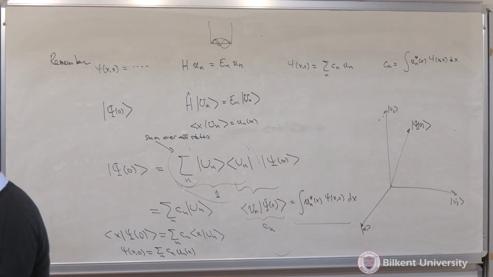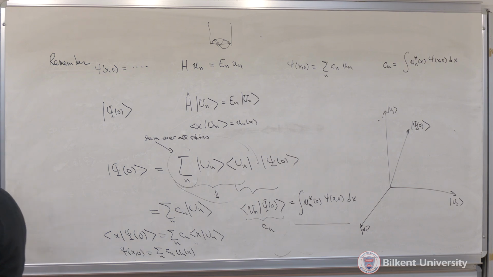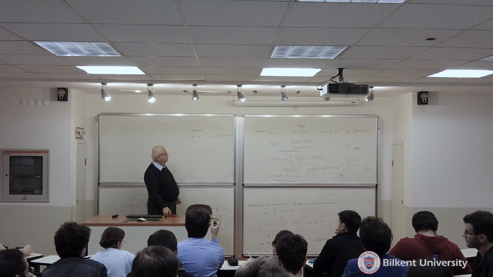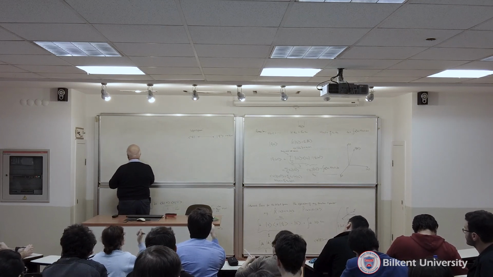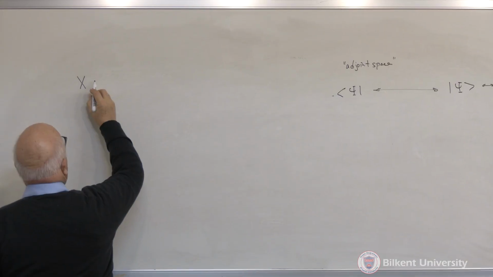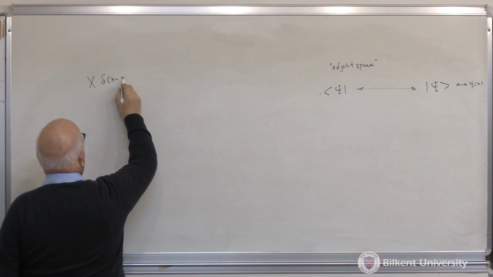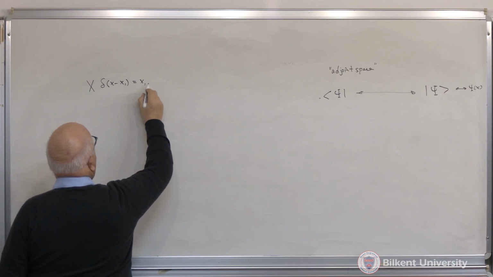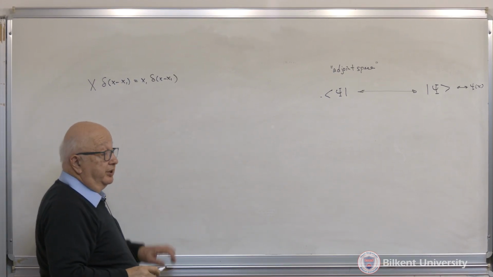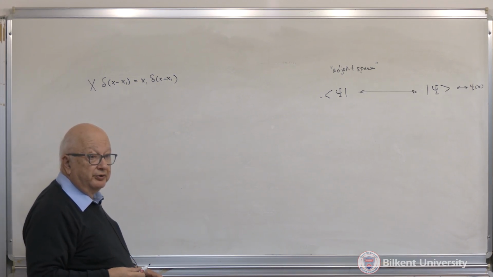Okay, so what else? Yes, what you're saying is that if I look at the eigenfunctions of x, they have the form: x times delta(x minus x1) is equal to x1 times delta(x minus x1). But these are in the x space, right? In the p space, they look different, obviously.